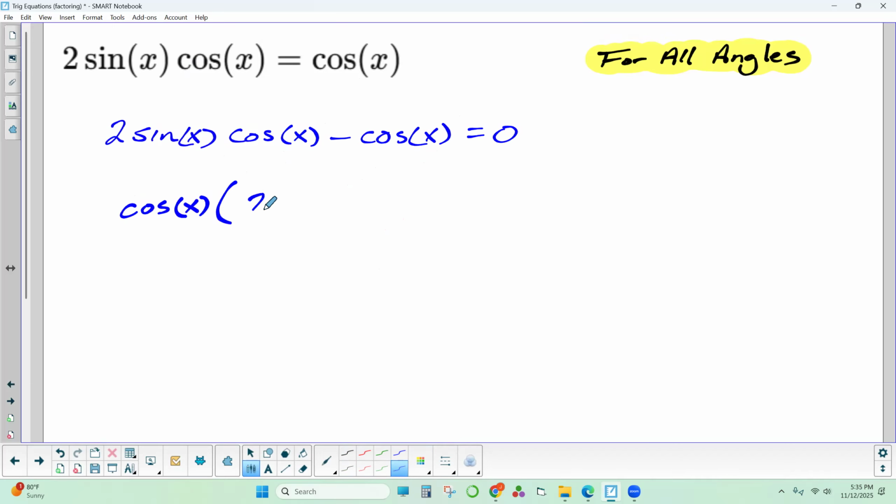That gives me cosine x times 2 sine x minus 1 equals 0. You can distribute to double check that you did the math right, and everything looks good. Now I'm going to take each of my factors and set it equal to 0.